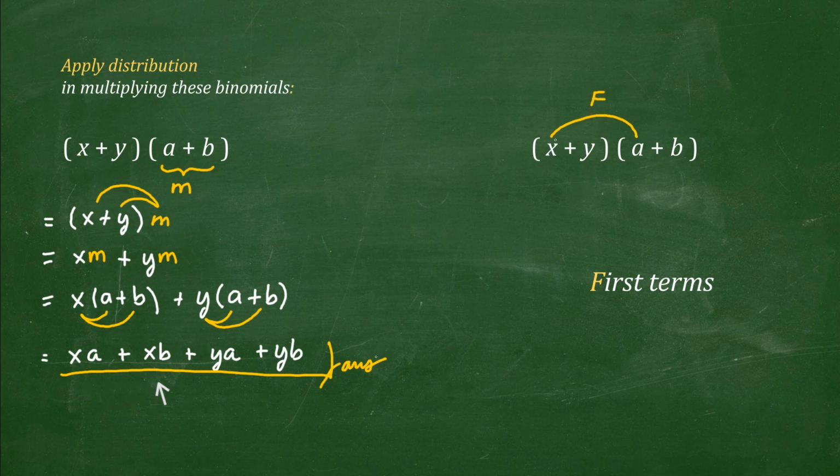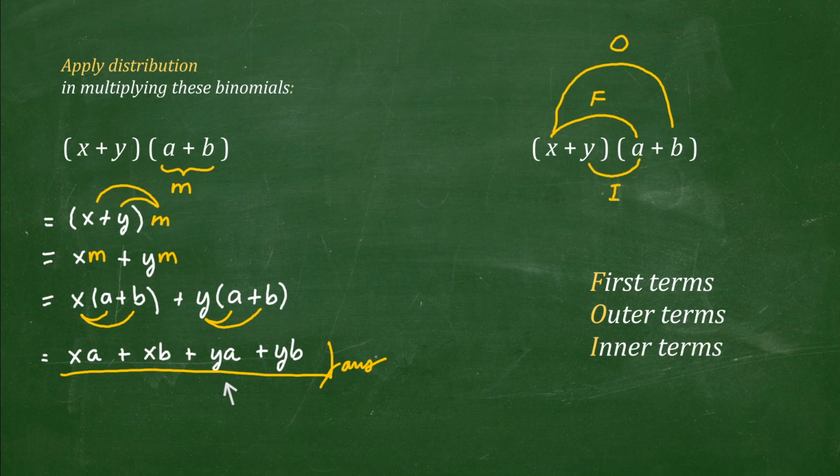xb can be derived by multiplying the outer terms, therefore xb. ya can be derived by multiplying the inner terms, so we have ya. And finally, yb can be derived by multiplying the last terms, therefore yb.